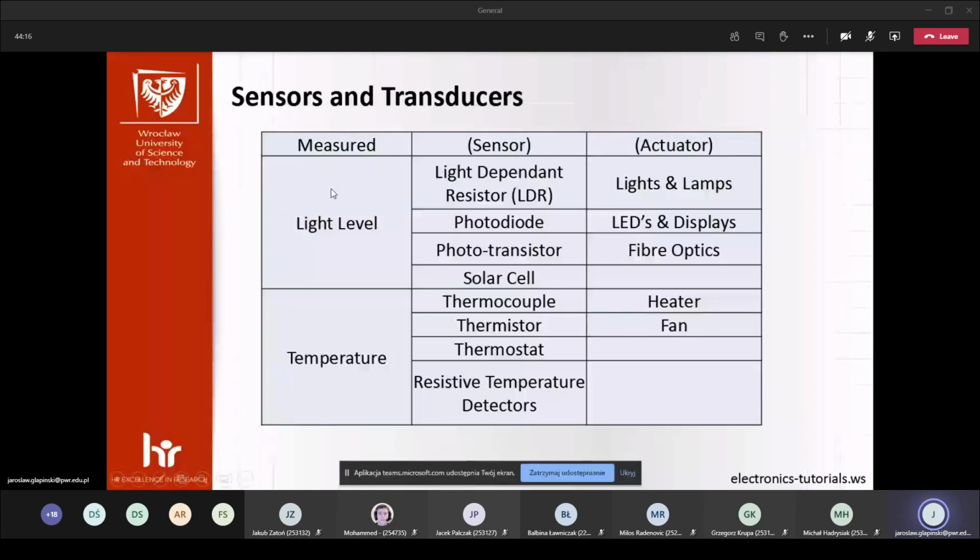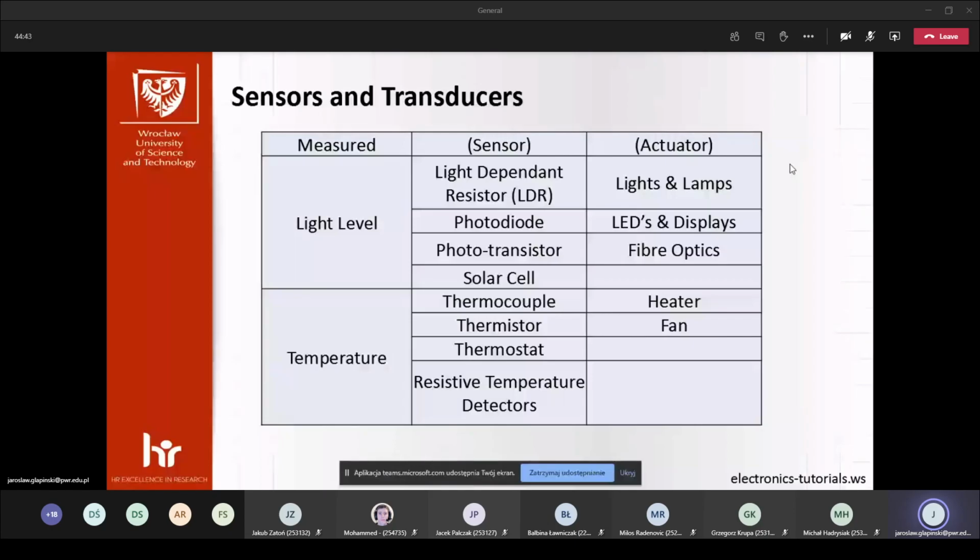Here you've got some physical changes, physical elements, and the example of sensors and actuators. Let's say you have the measurement of the light level. We would like to measure what amount of light comes to us. So we can use different sensors.